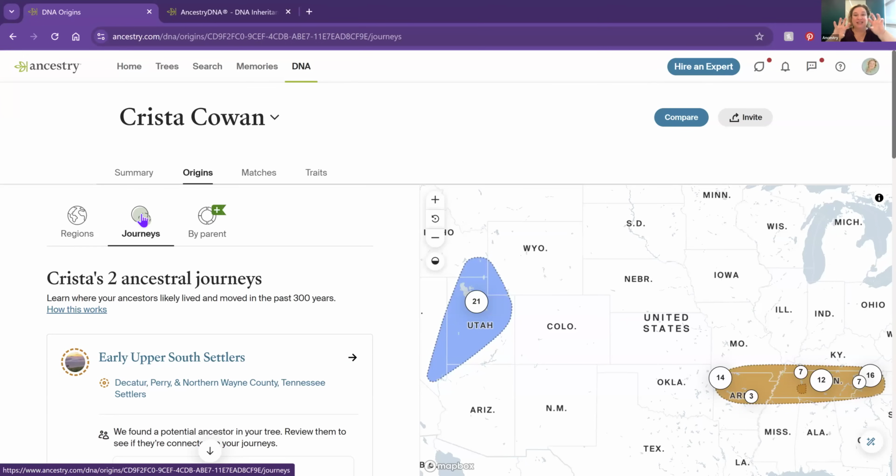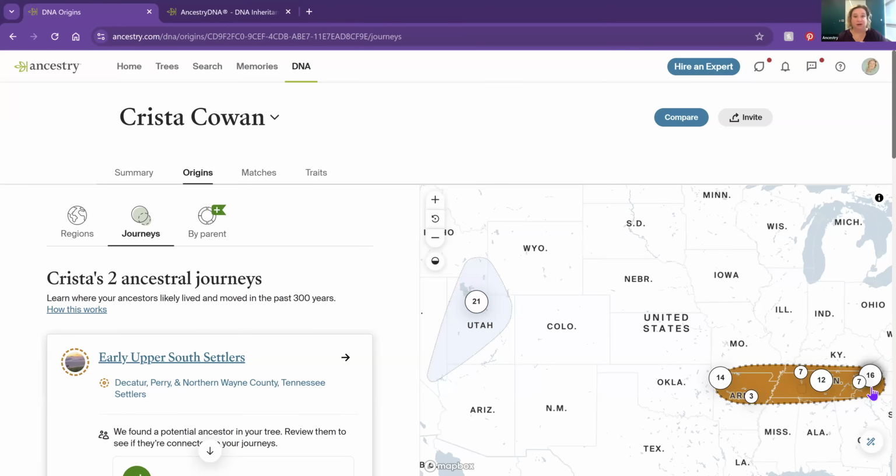And those clusters become really interesting when you start looking at the data, because in addition to having 25 million people who've taken an AncestryDNA test, Ancestry also has another 130 million family trees on our site.